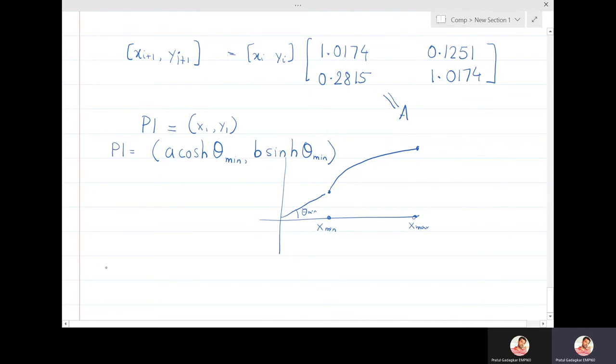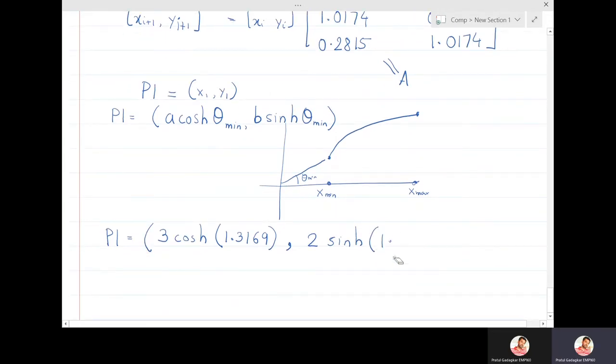So the point P1 will turn out to be: A is 3, cos hyperbolic theta min, theta min was 1.3169, comma, B is 2, so it is 2 sine hyperbolic theta min, theta min again 1.3169.